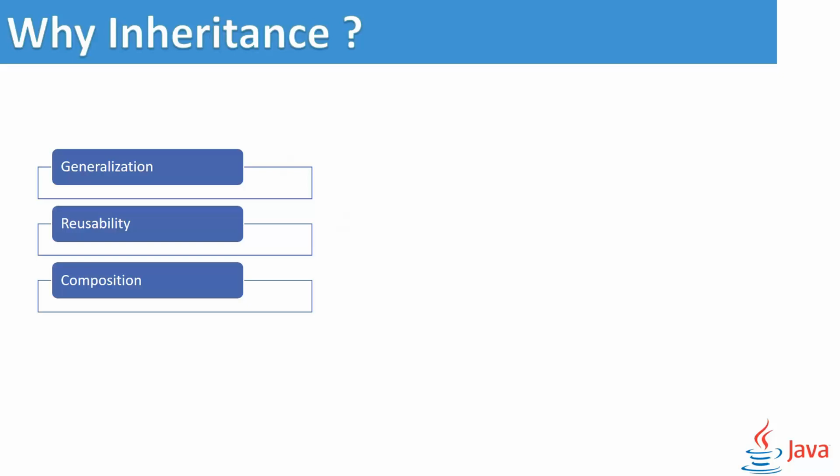I believe that some properties can be added or removed for all animals. So a better approach for this scenario is to make a generalized class named Animal, and all common properties and behavior should be part of that common class.